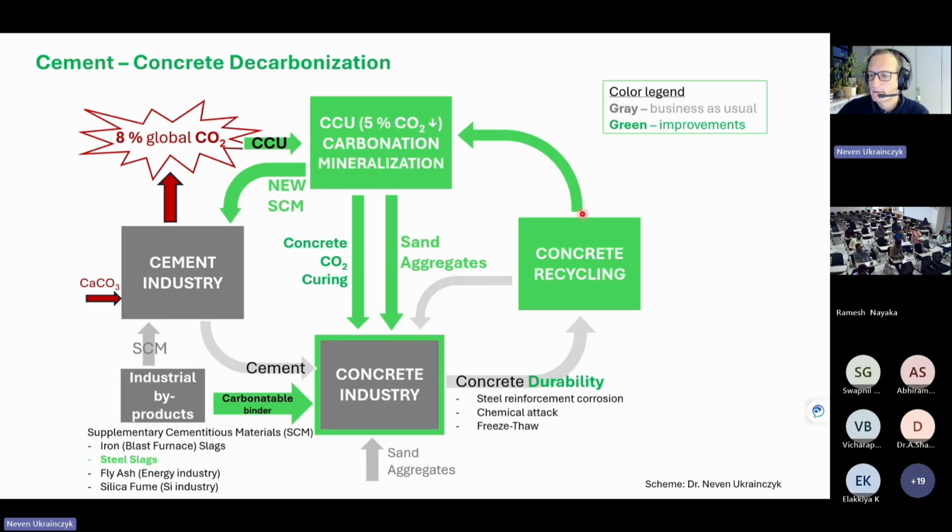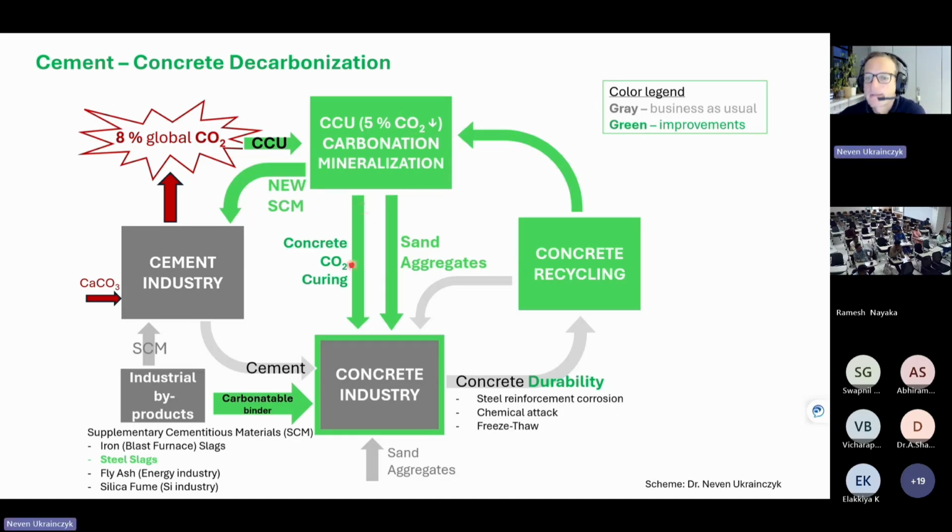But the new part, which is much more interesting, would be to use recycled concrete for carbon capture and utilization. Here, with carbonation and mineralization, we could reduce to 5% the CO2 that could be stored from this 8%. So we could almost go to net zero concrete.